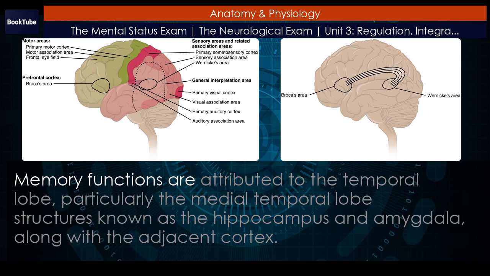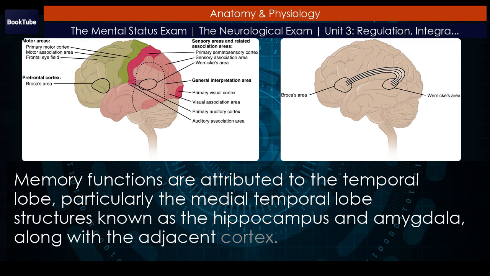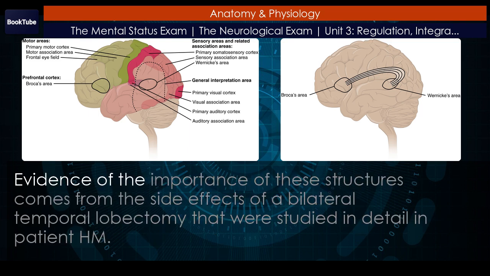Memory functions are attributed to the temporal lobe, particularly the medial temporal lobe structures known as the hippocampus and amygdala, along with the adjacent cortex. Evidence of the importance of these structures comes from the side effects of a bilateral temporal lobectomy that were studied in detail in patient HM.